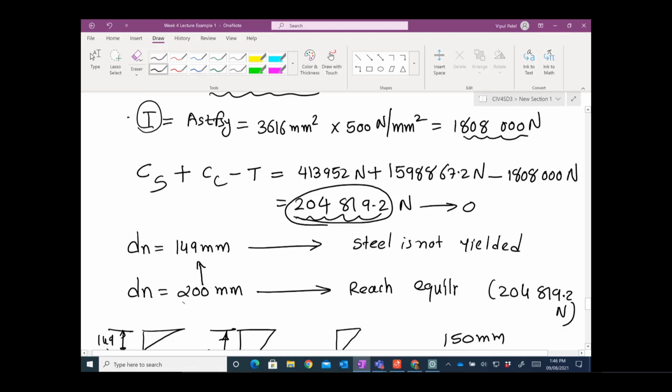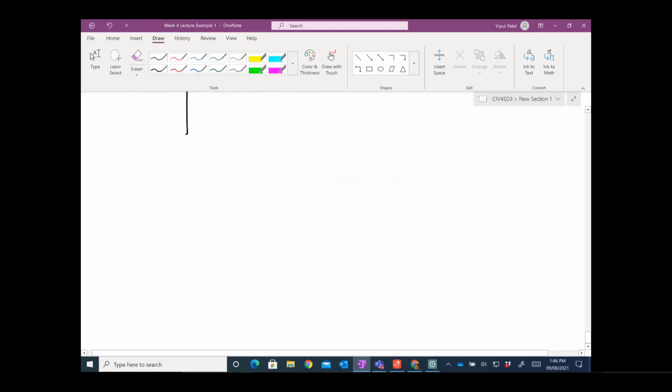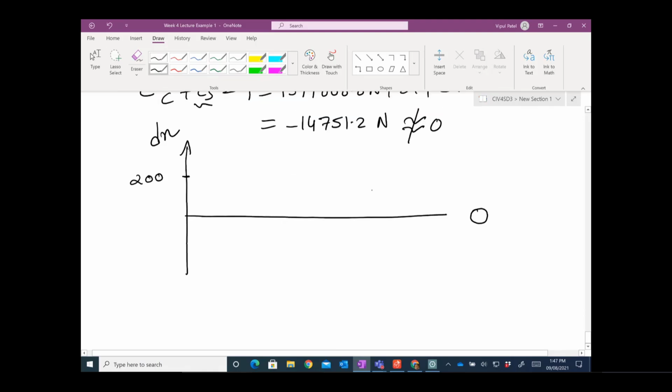Your force is 204,819.2. Let's say this is the residual force that you need to make zero.